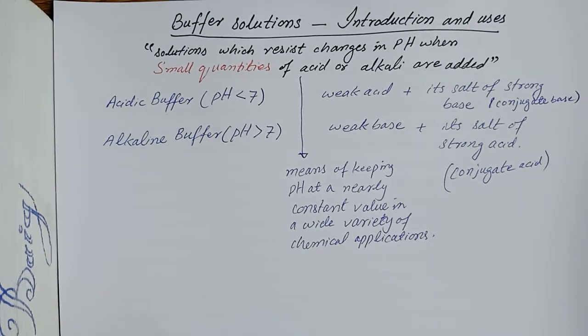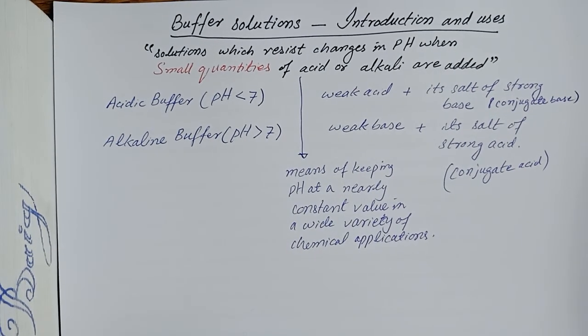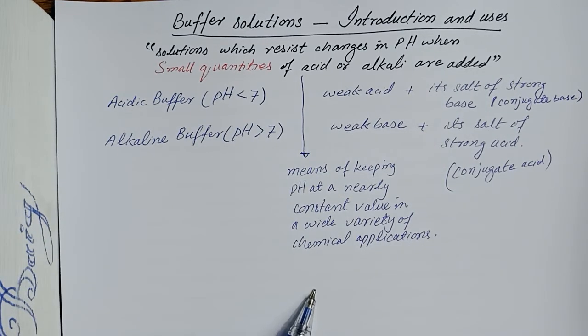Buffer solutions are used as a means of keeping pH at a nearly constant value in a wide variety of chemical applications. In nature, there are many systems that use buffering for pH regulation.